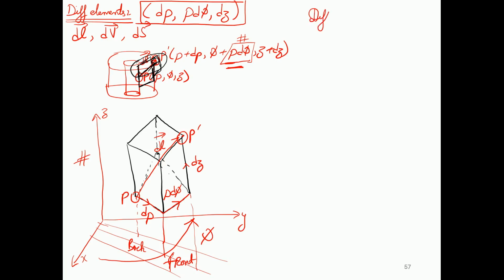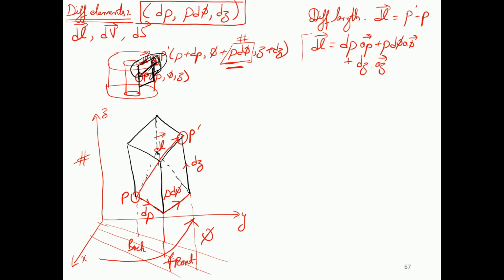Now once we have these, we can easily find the differential length. So the differential length can be easily found, which is d of L, which is the distance vector from p dash to p. So dl comes out to be, so I'm writing the final form, d rho a of rho plus rho d phi a of phi plus d of z along z-axis.